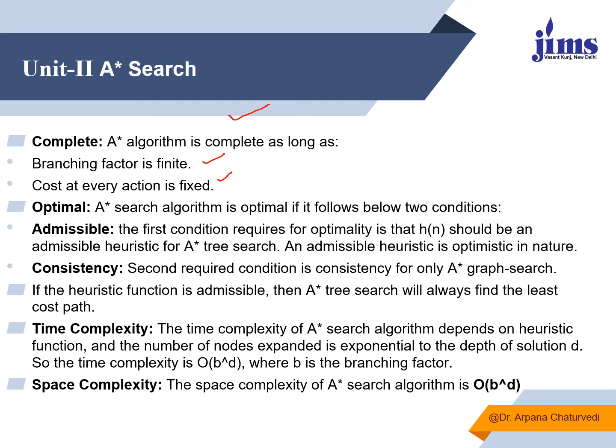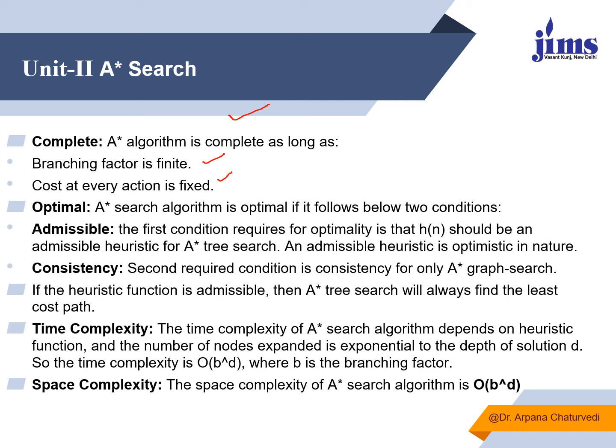One is admissible. The first condition required for optimality is that h(n) should be admissible, meaning that for each and every node, the cost you calculate is always less than the estimated cost. Then we say that the heuristic is admissible as well as optimistic in nature.